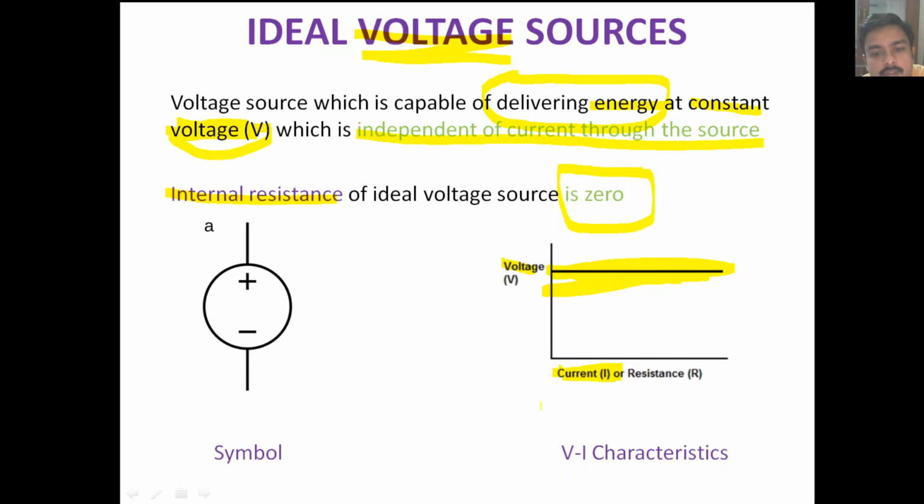Voltage is always constant. The resistance can increase or decrease, and the current changes according to the resistance. If you increase the resistance, the current decreases. If you decrease the resistance, the current increases. But since we are talking about ideal voltage sources, the voltage is always constant.